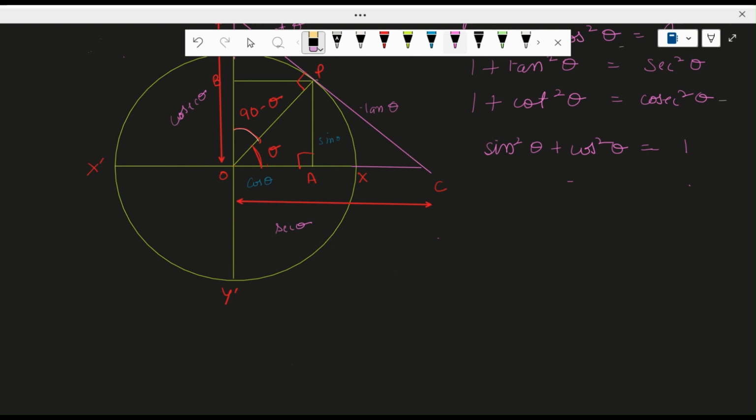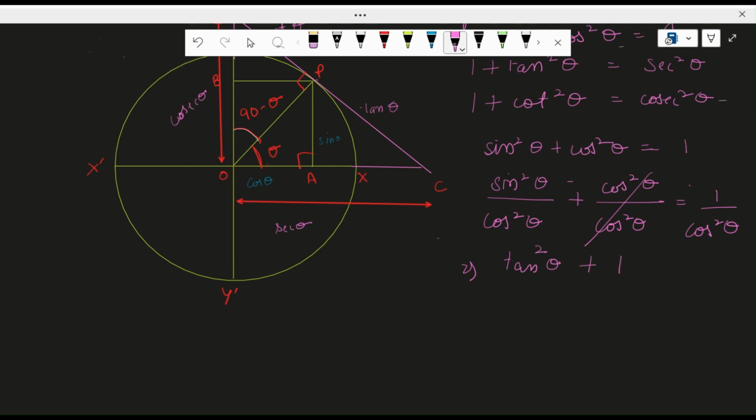Sin square theta upon cos square theta plus cos square theta upon cos square theta, that cancels to 1, is equal to 1 upon cos square theta. Sin theta upon cos theta is tan theta, and square of it will be tan square theta plus 1 is equal to 1 upon cos square theta. 1 upon cos theta is secant theta, and square of it will be this.